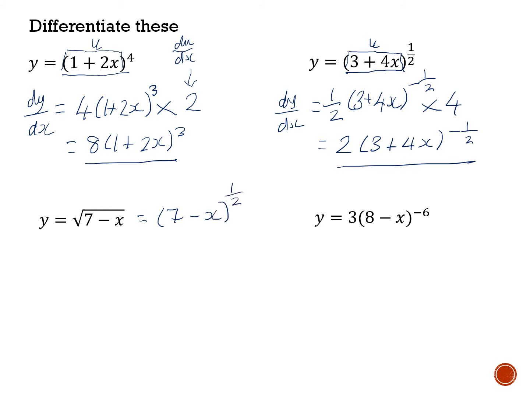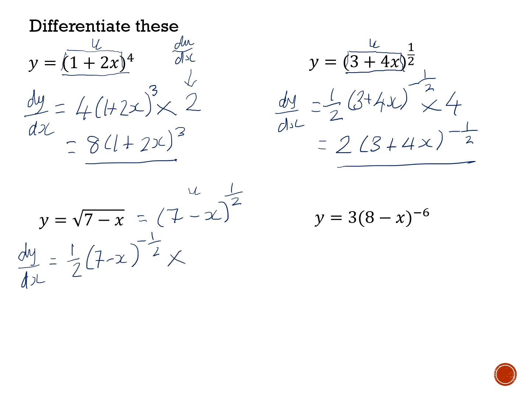Lovely, a half. So again, write that down, pause it. This bit in my bracket is my u. So when I do dy dx, what do I do? Bring down the power. That's my u, so I'm just writing it. Reduce the power by 1.